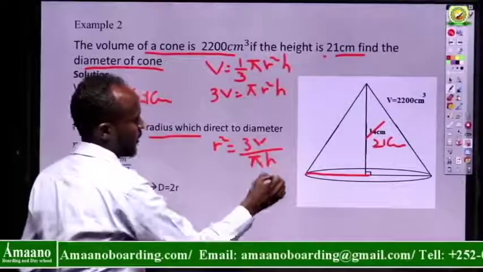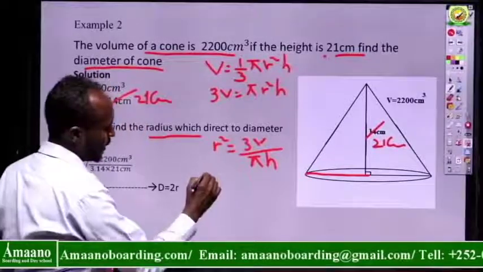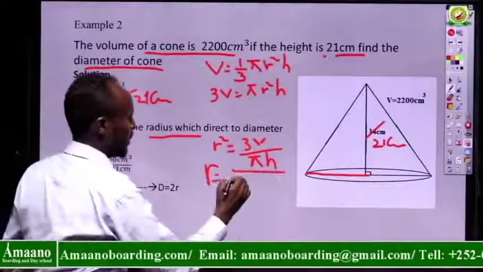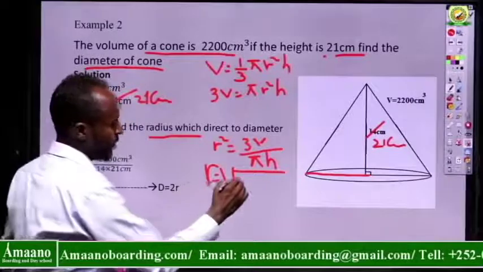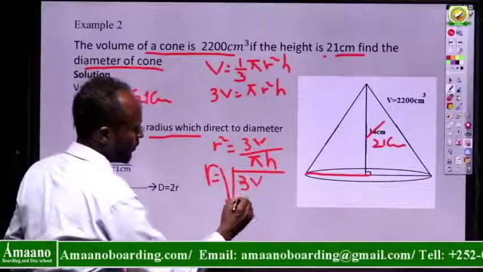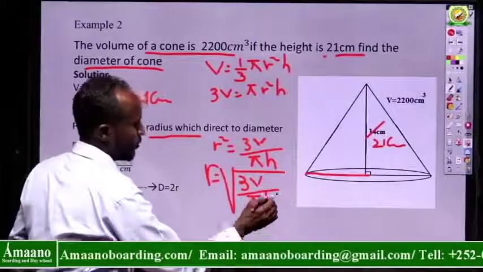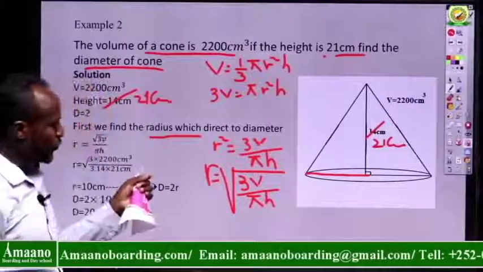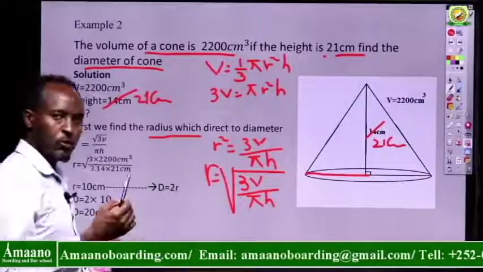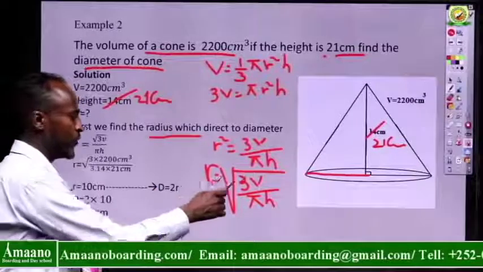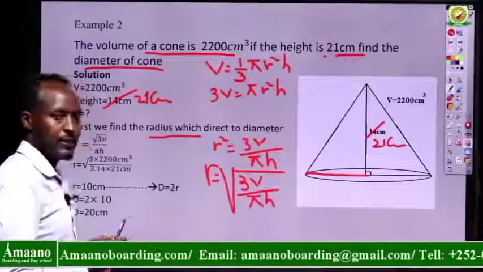Therefore, the radius is the square root of 3 times the volume divided by pi h. That is the formula for the radius of a cone if we are given the volume and the height.